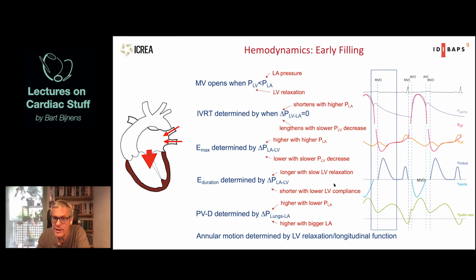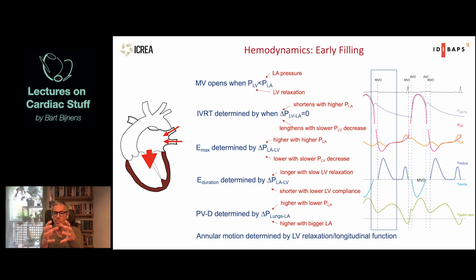So we see here again that the duration depends on the speed of relaxation, but is also very dependent on the intrinsic stiffness or compliance of the ventricle, which, keep in mind, has two components. As we said before, one component can be the fact that at that time point we still have cross bridges connected. That is what I would call a functional stiffening.